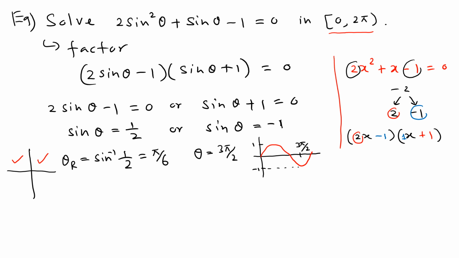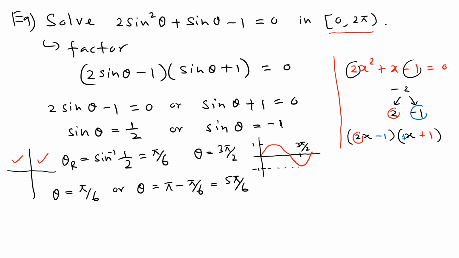So the two values are theta equal pi over 6 in the first quadrant, and the other value is theta equal pi minus pi over 6, from the second quadrant, which is 5 pi over 6. Those are the principal values.